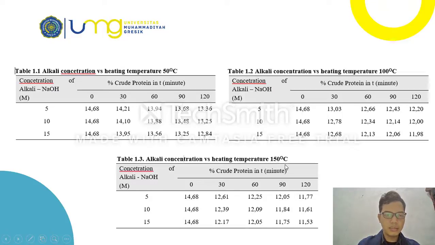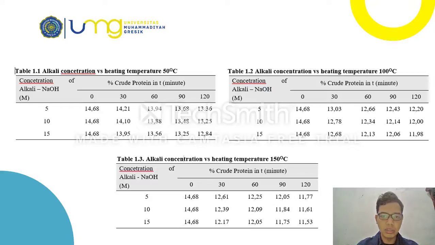The higher concentration in the deproteination will increase the reaction rate because the temperature can increase the motion between molecules, so that the interaction between chitin and alkali will run faster. However, in the research, at the same heating temperature with different alkaline concentrations, there is no significant difference in the crude protein concentration or protein content.